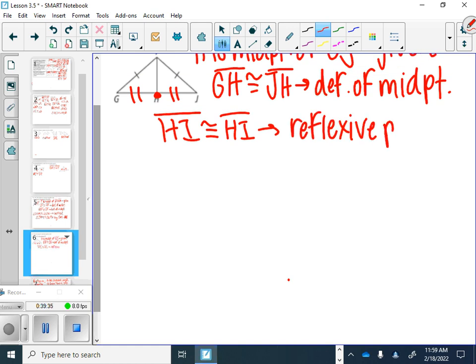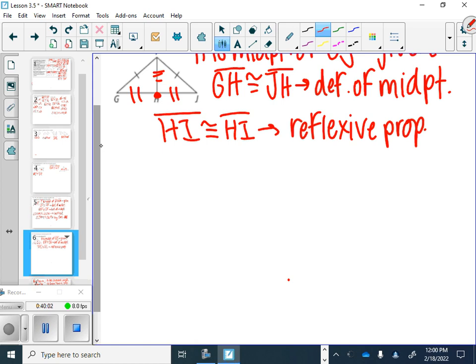That line, HI, is congruent to itself, because if you take these triangles and break them apart, HI is part of both of them. So that segment is congruent to itself by the reflexive property. Anytime you see something that's congruent to itself, reflexive property is your answer. Reflexive property comes up a lot.